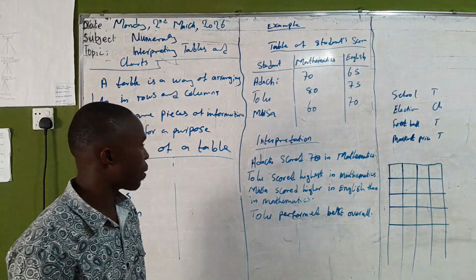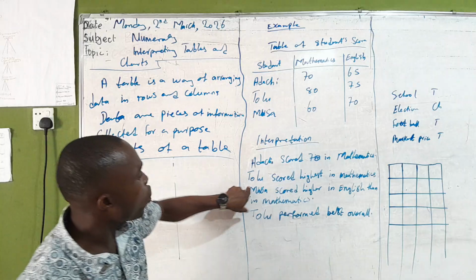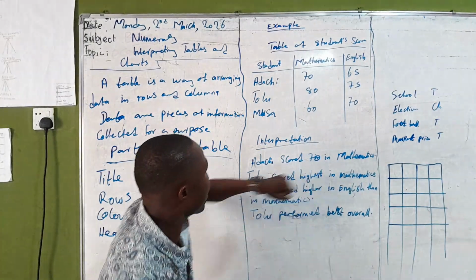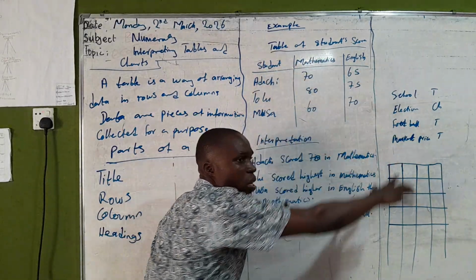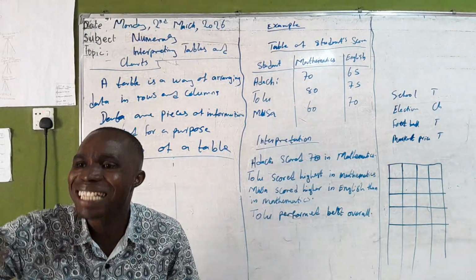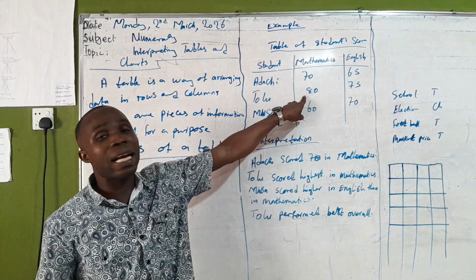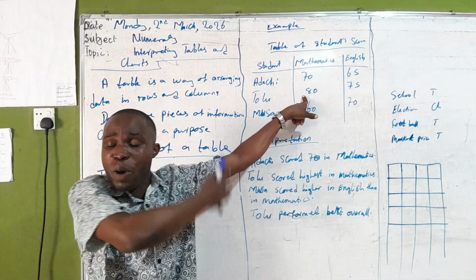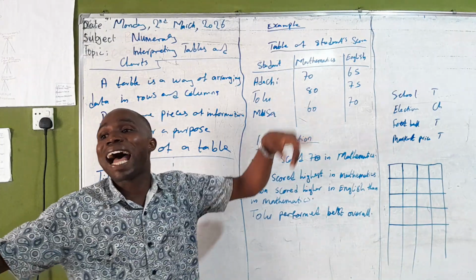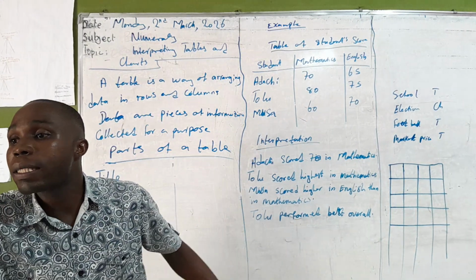Now let's come to Tolu. Tolu scored highest in mathematics. It means that we have looked at the table and studied it. Who scored highest in mathematics? Tolu. This process of analyzing the information on the table is known as interpreting the table.